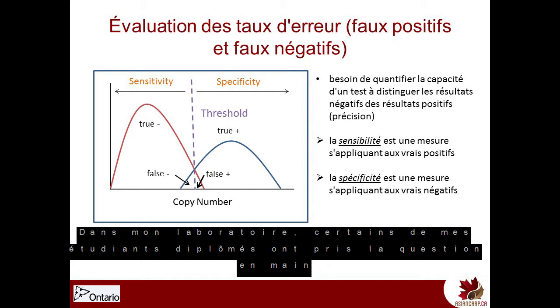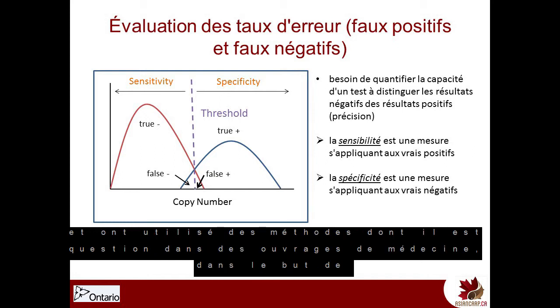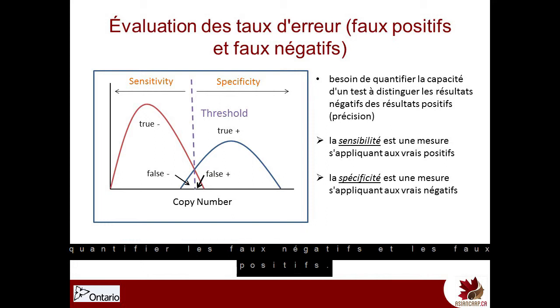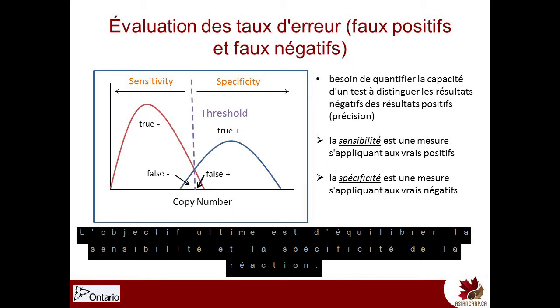In my lab, one of my grad students really led the charge on this and adopted some methods from the medical literature to quantify the rate of true and false positive results, for both positive and negative. What it really comes down to is trying to balance the sensitivity and specificity of your reaction.